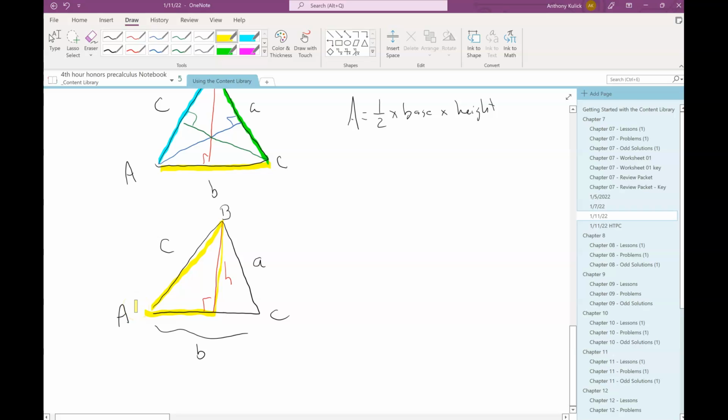Notice that this right here is a right triangle, correct? So I can say, for example, sine of A is equal to opposite over hypotenuse. Everybody agree with that? So to get the h by itself, I can multiply both sides by c.